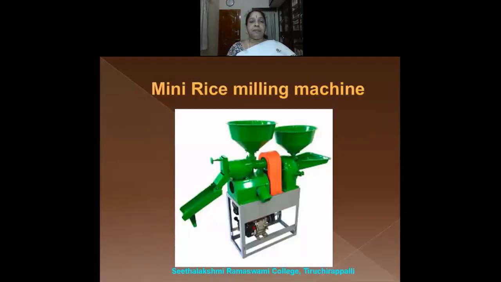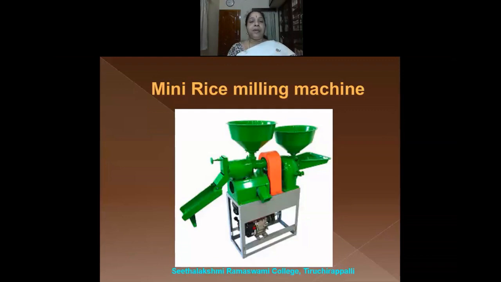And this is a mini rice milling machine. We don't do all these processes separately. That is, dehusking is not done separately, and polishing is not done separately. They are done in an integrated machine, and both these actions, dehusking as well as polishing, are done in a single machine.